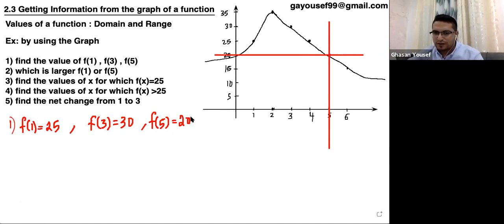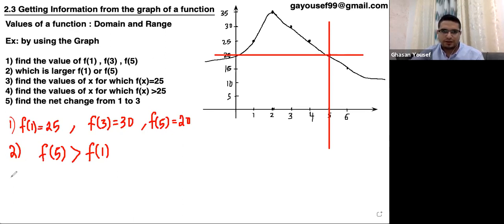This is correct, 25. Layla, f of 1. This is correct because it's 25 and f of 5 is 20. The difference is 5. So the larger is f of 1, because 25 is greater than 20.